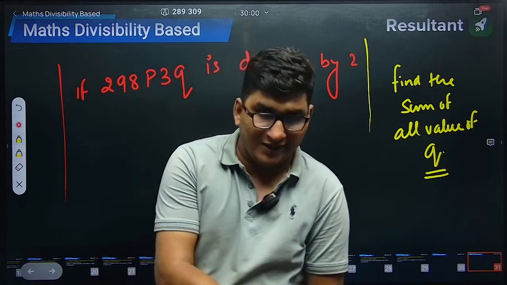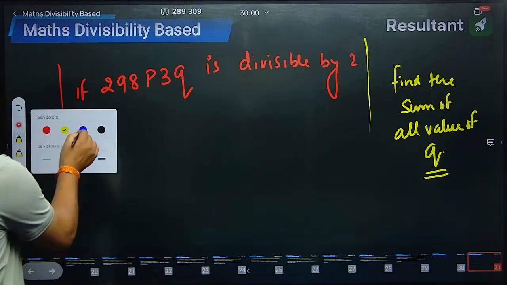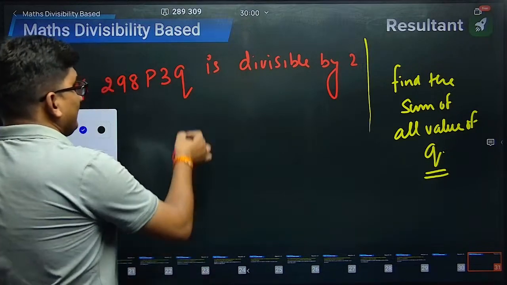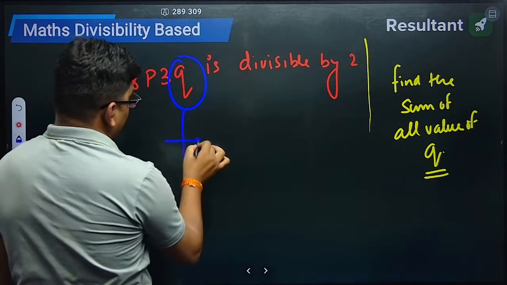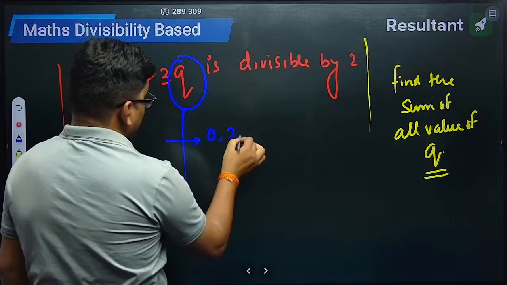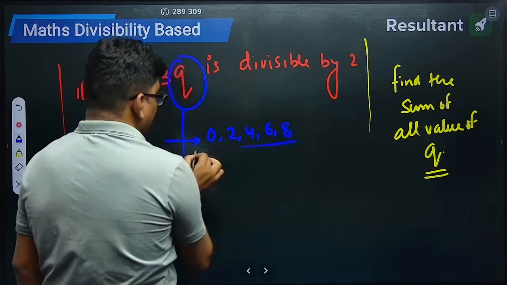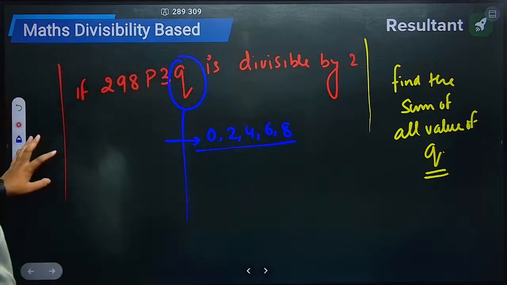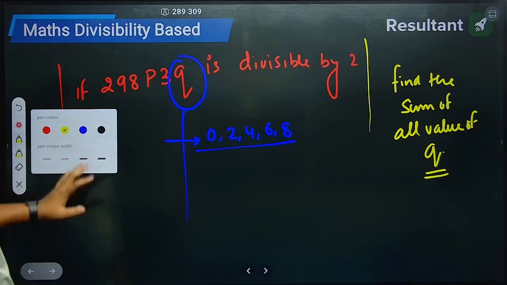So I told you last time, if any number is divisible by 2, the case will be what? The values of q can be only 0, 2, 4, 6 and 8. No other value can take the place if you want the number to be divisible by 2.